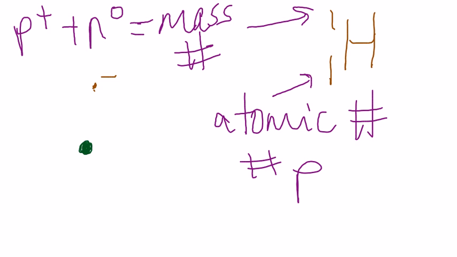So we have our proton here, and that's in the nucleus, and we have our electron up here, and that is floating around the nucleus. Now this is not to scale. I repeat, not to scale. And I'm just going to draw a little arrow.